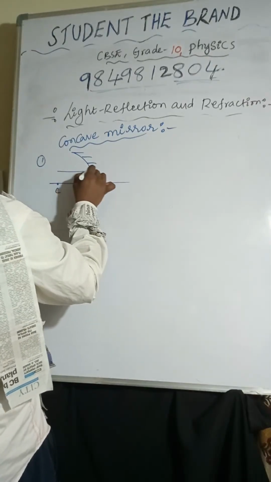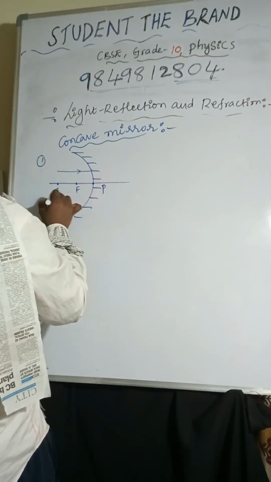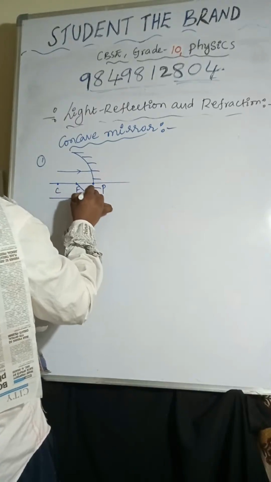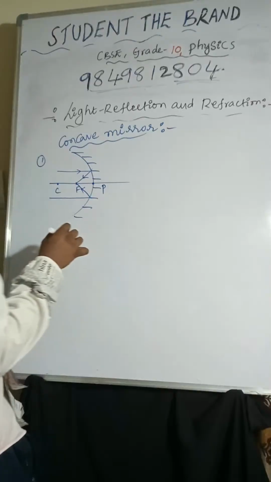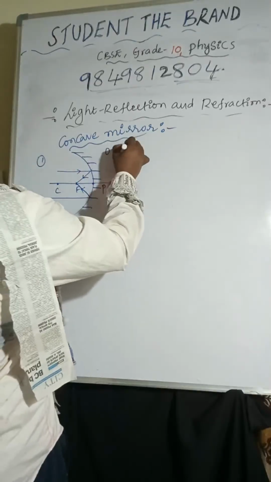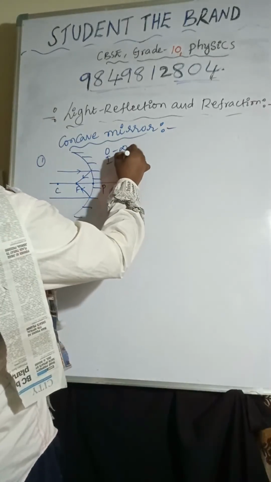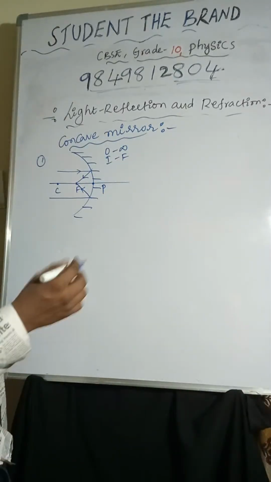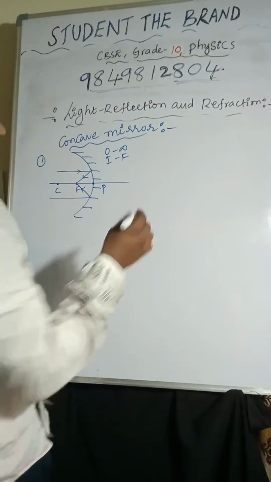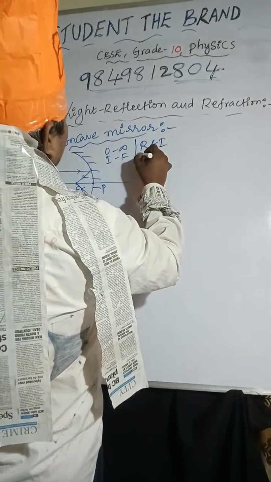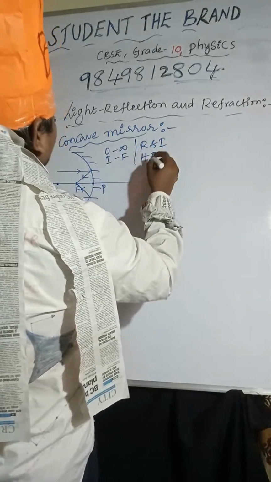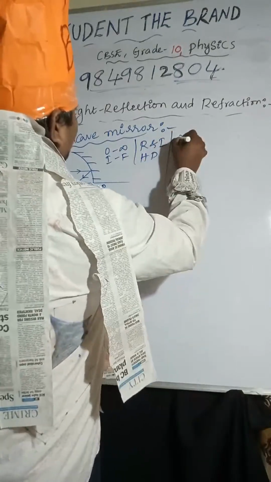Light rays coming from infinity, after reflection, meet at the focus. Object is at infinity, image is forming at F. Nature of the image is real and inverted. Size of the image is highly diminished. Coming to the second one.